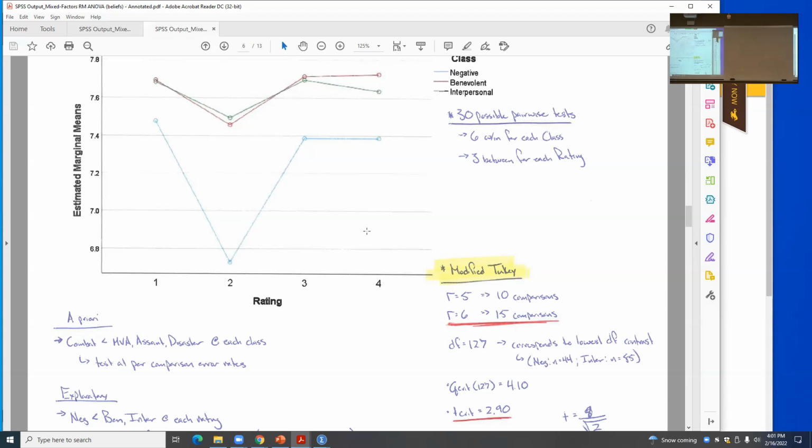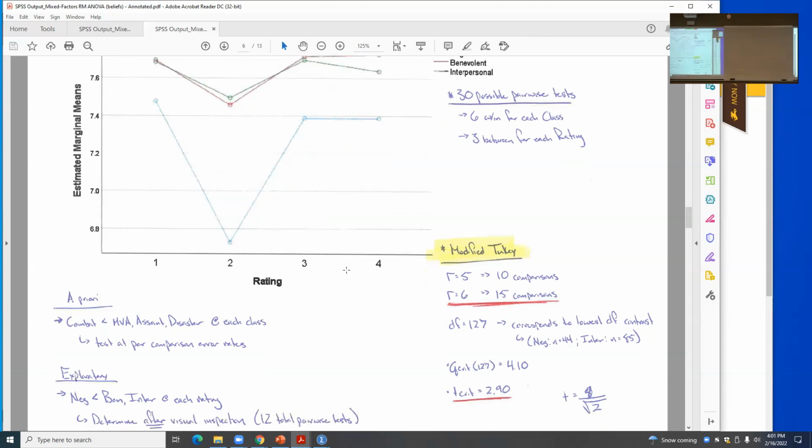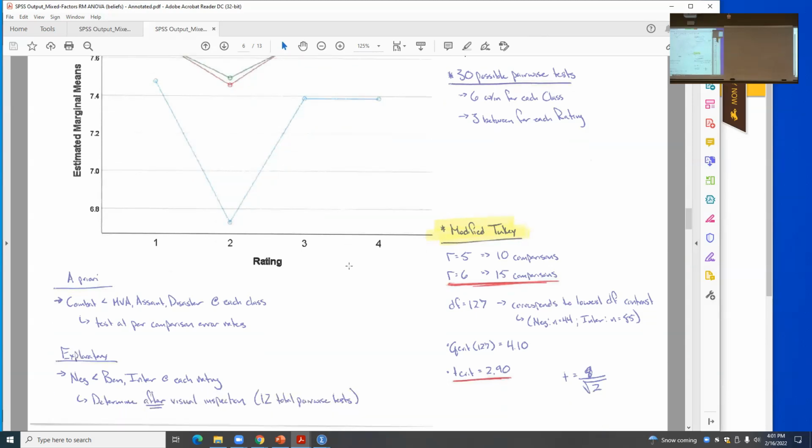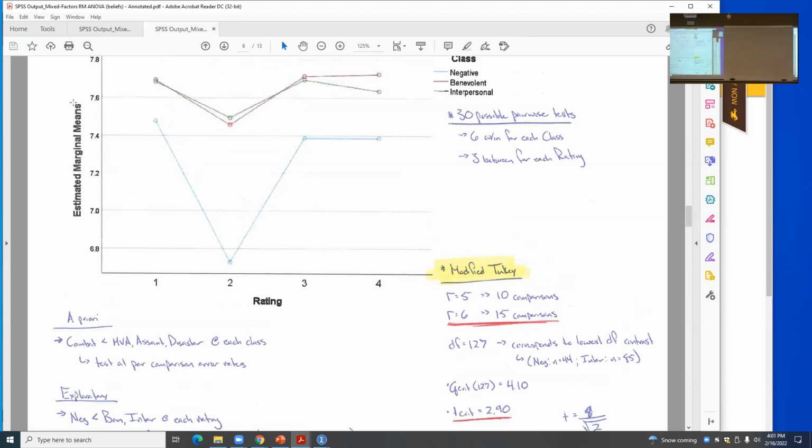So what I'm going to do in an exploratory analysis is take a look and ask whether the negative group is showing lower ratings than the combination of benevolent and interpersonal for each vignette. So how many tests is that, Rachel, if that's my contrast?